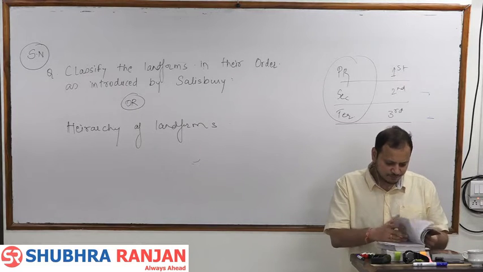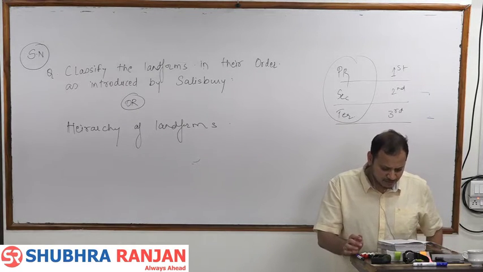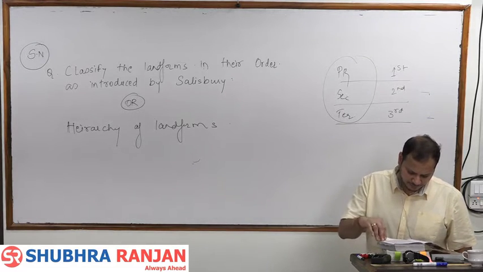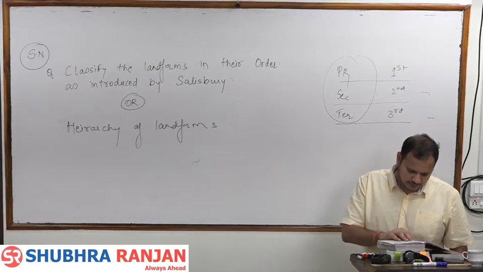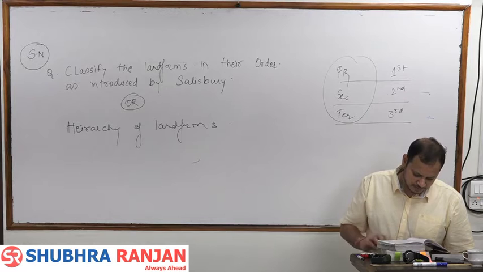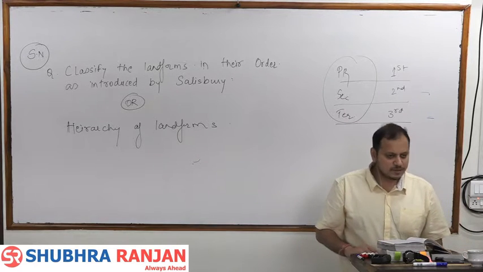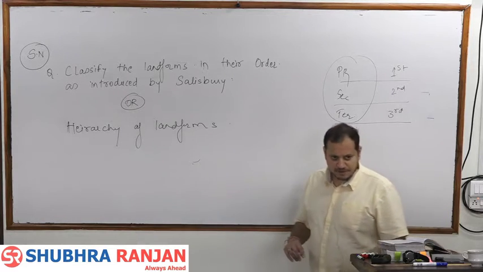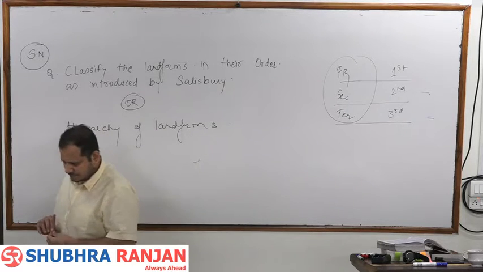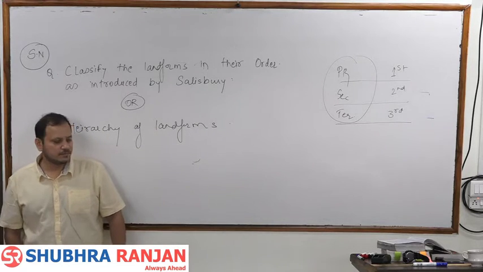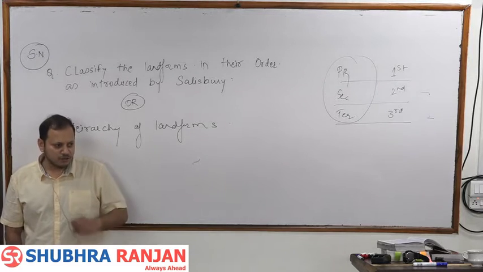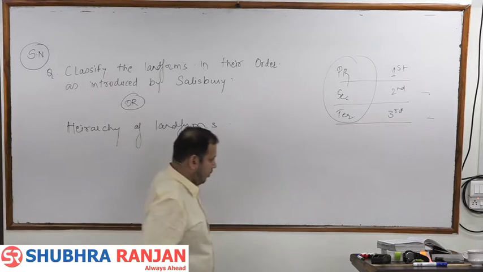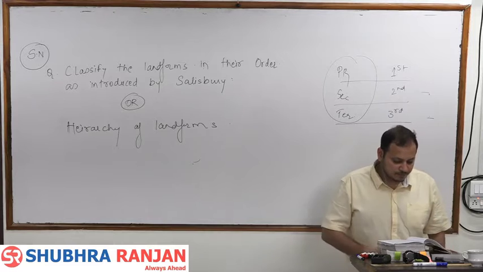The search for geography as a systematic science resulted into simplification, which in geomorphology was done by Salisbury.